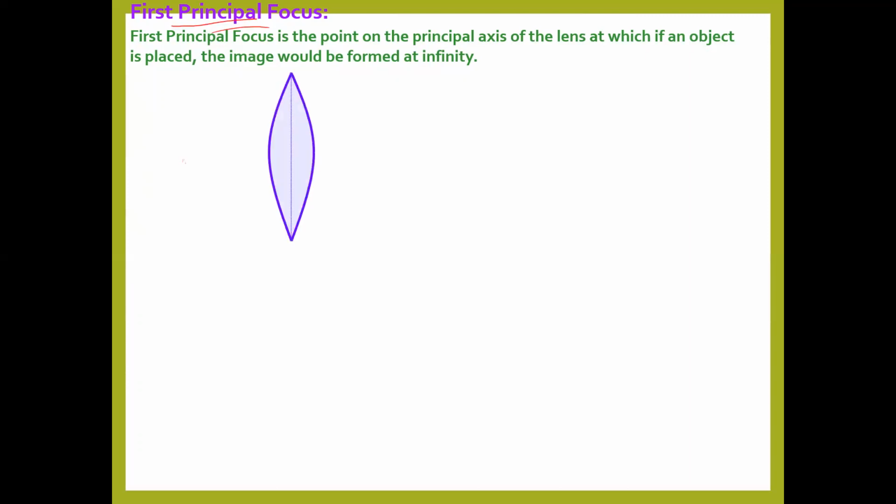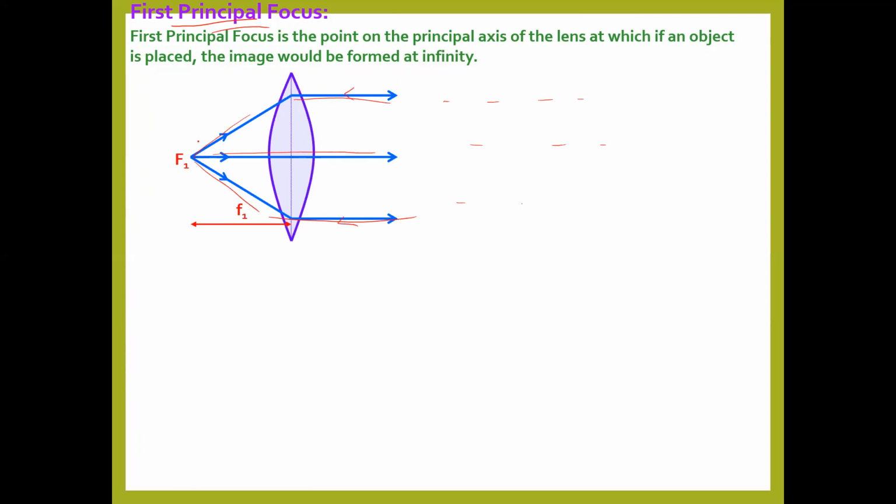That means we can give the definition of the focal point or focus in two different ways. One is, if the object is placed here, the light rays will go parallel to the axis and meet at infinity. Another way of giving this definition is just the opposite: the parallel light rays meet at a certain point, and that point is known as the focal point.